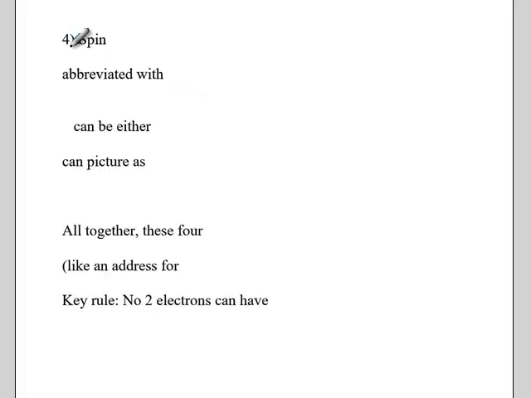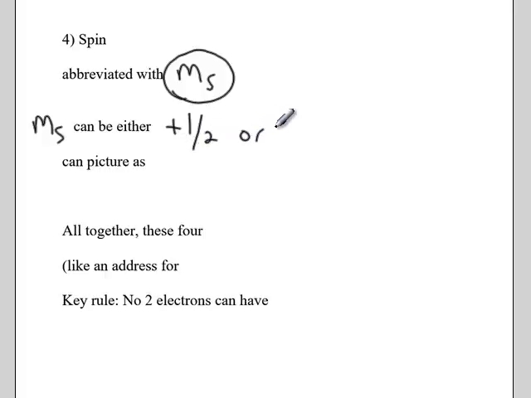The fourth and final quantum number is called the spin quantum number, and that's abbreviated with m subscript s. So this is called m sub s. And the spin rule is the easiest out of all of them. The spin can either be positive 1/2 or negative 1/2, and those are the only choices for the spin.